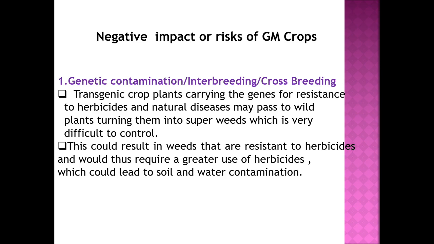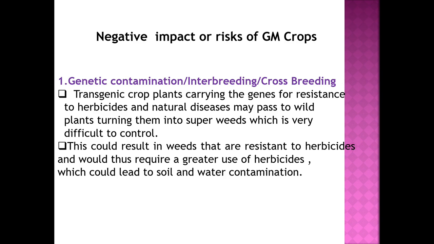Because of this, sometimes the total field may contain only weeds, and the farmer is going to have only a small amount of the crop, or sometimes the crops in the field may be totally lost. These are all the points which we need to cover in genetic contamination or interbreeding or crossbreeding.